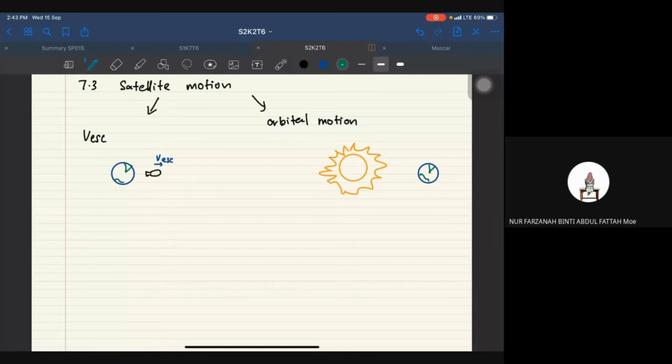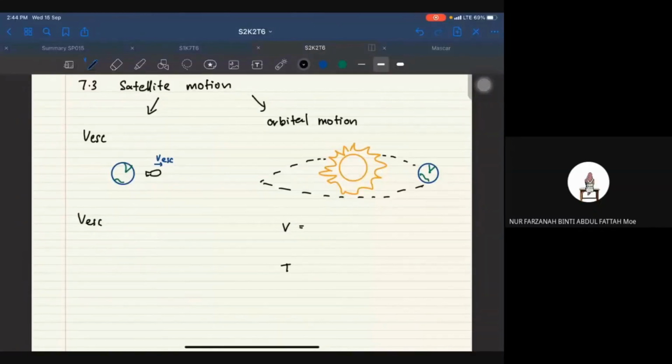Katakan dia keliling matahari. So this is what we call the orbital motion. Dia keliling matahari. So dia sebagai satellite untuk matahari lah, bumi ni lah. So when we try to consider this motion, there are two important quantities. Number one is the velocity. Number two is the period. Okay, tadi kita ada V escape. Now we have V dengan period T.